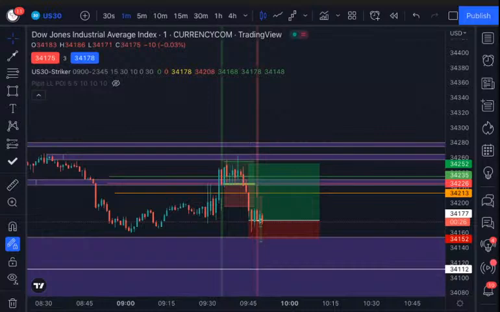For some reason, even on the 15, it looks a little bearish. The 15 minute was like a retest.